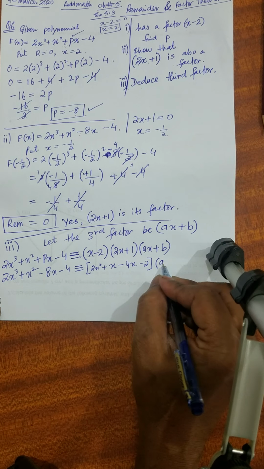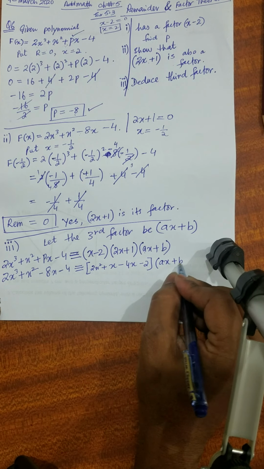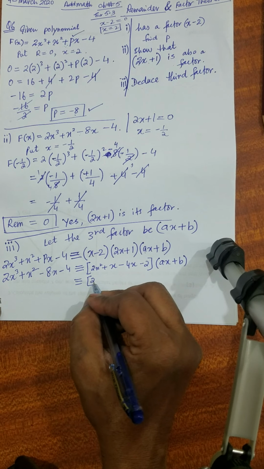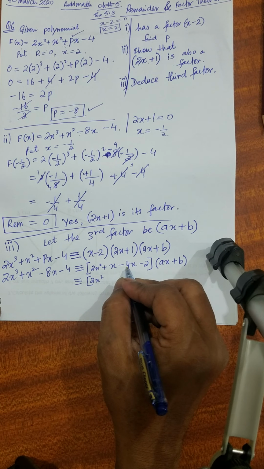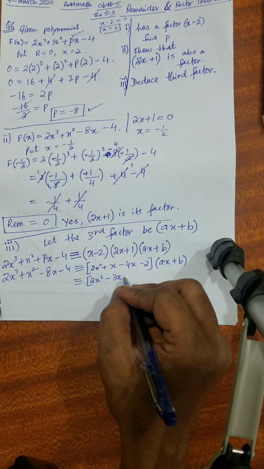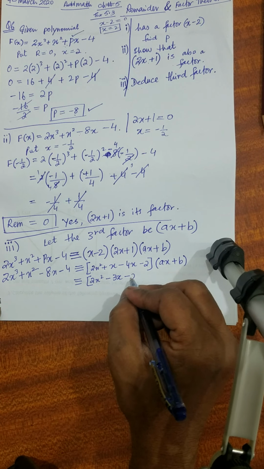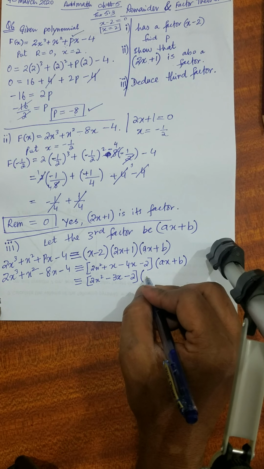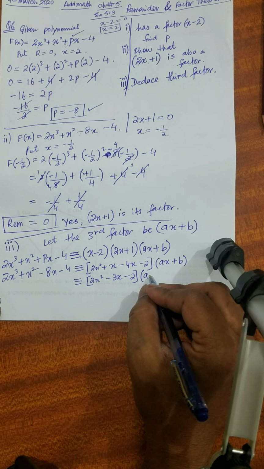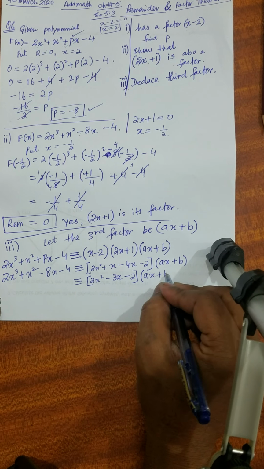The next bracket, just let it be as it is. We can simplify this: 2x square, -4x plus x, -3x, and -2, and we need to multiply with the third factor, which we suppose ax plus b.